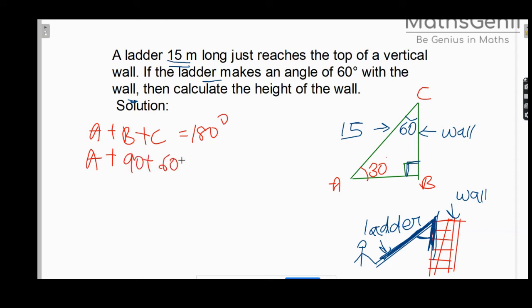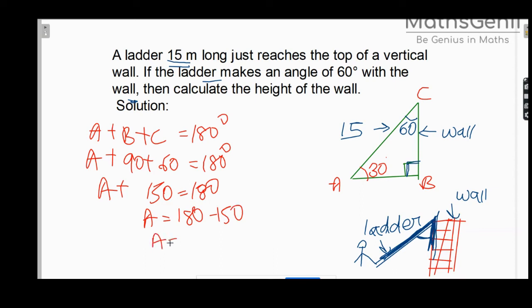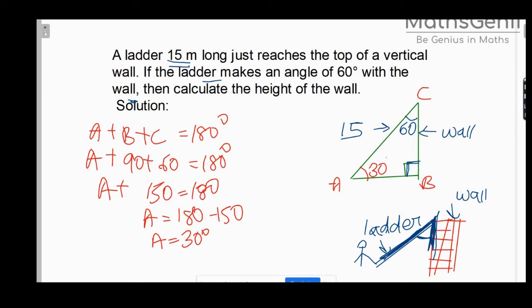C was 60. So A plus 90 plus 60, 150, is equal to 180. A is equal to 180 minus 150. So A becomes 30. But if you don't want to do all this, always remember 30, 60, 90 is a pair. Now you found out that A is 30.